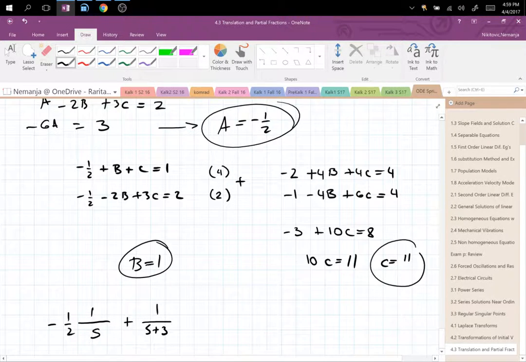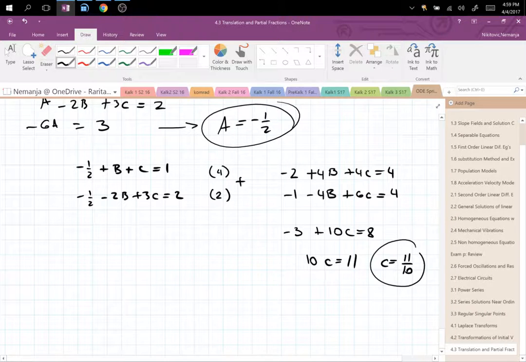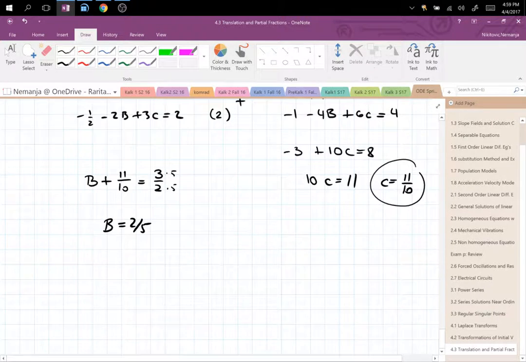So 11 over 10, which changes the B. From scratch. So I have B plus 11 over 10 is equal to 3 halves. So times 5, that's 15 minus 11, 4 tenths, 2 fifths. Okay. I guess that's better.